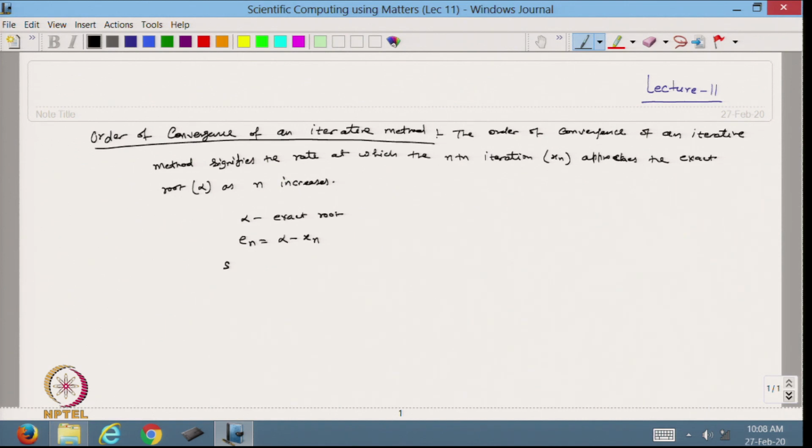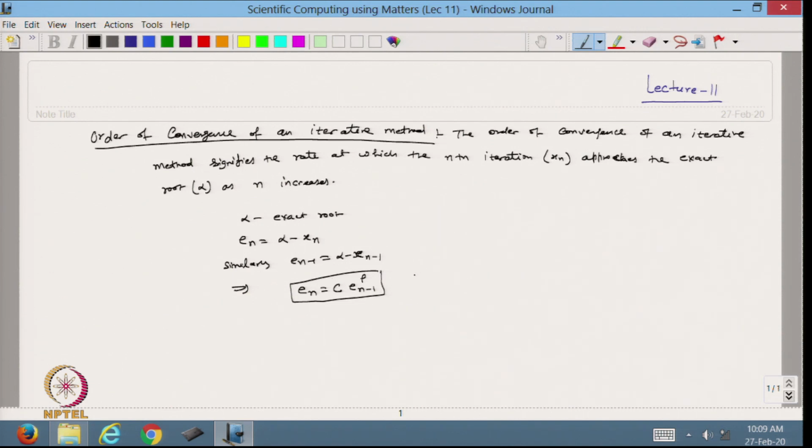Similarly, I can define the error at the n minus 1th step, that will be alpha minus x n minus 1. From here I will define En is equal to some constant c times E n minus 1 to the power p. If I write it like this, it shows that whatever the error was at the n minus 1 step, I take the power p, multiply by some constant, and that will be the error at the nth step.